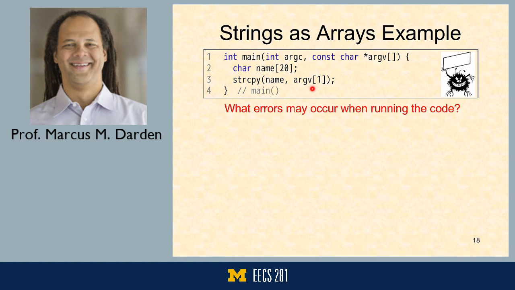So as I try to str copy from that, I'm asking for some pointer which I don't know what it's pointing at. That's going to cause a problem there. The other thing is I'm copying with strcpy. Strcpy is an old C-style function.